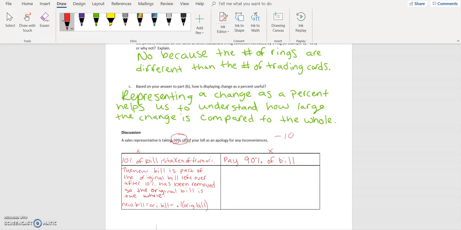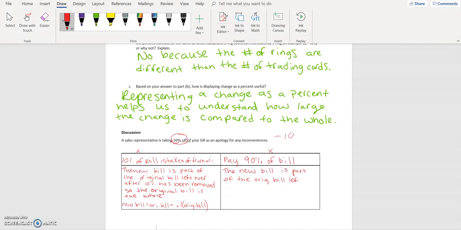So the new bill is part of the original bill.